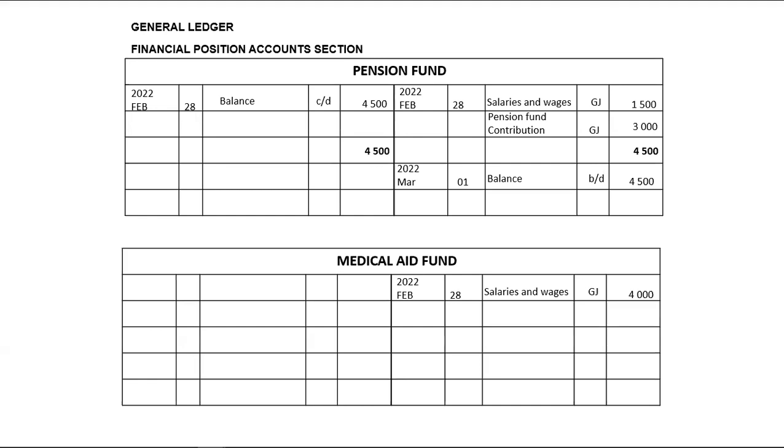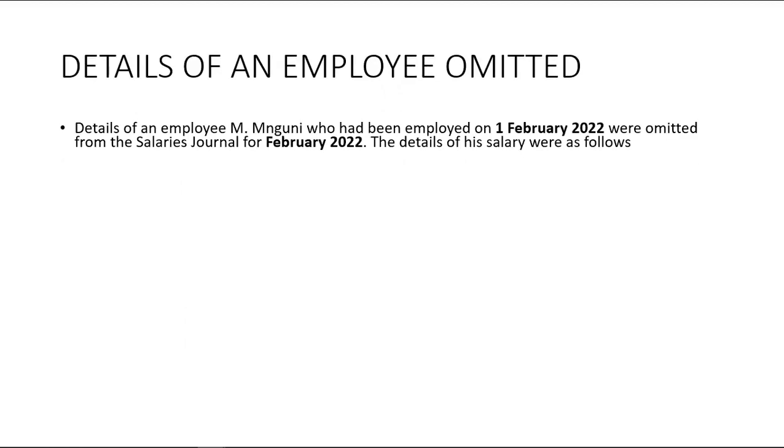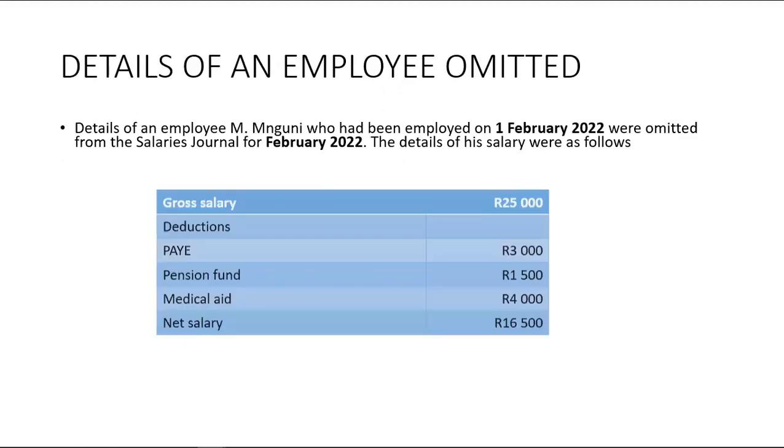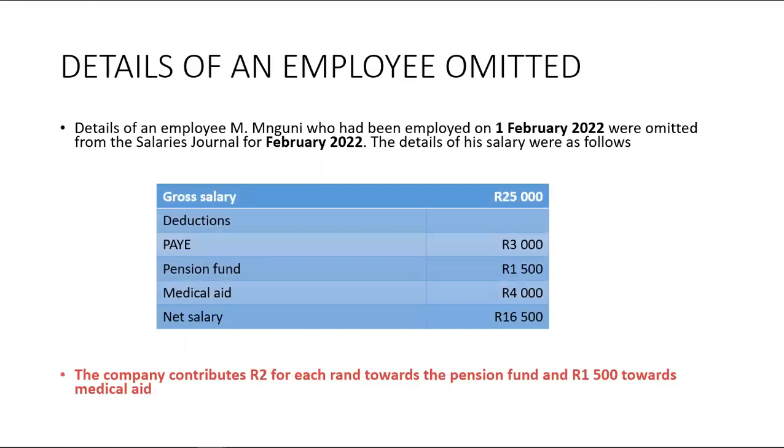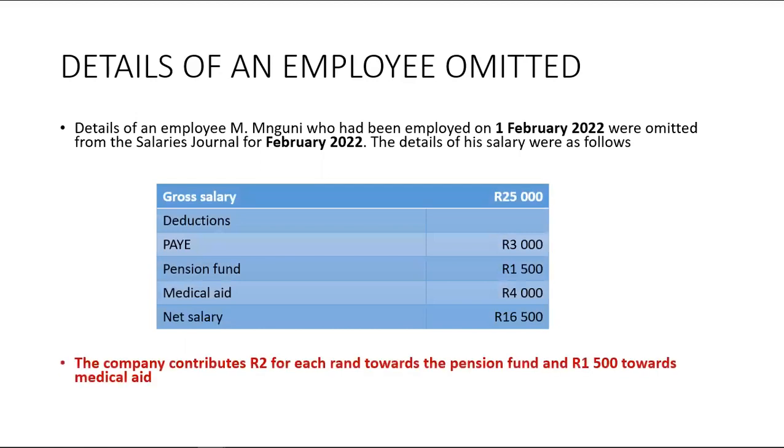My bad, it's actually 4,000. Let me just confirm it. So from Mnguni's salary, how much did we deduct towards medical aid? We actually deducted 4,000 and we contributed 1,500.